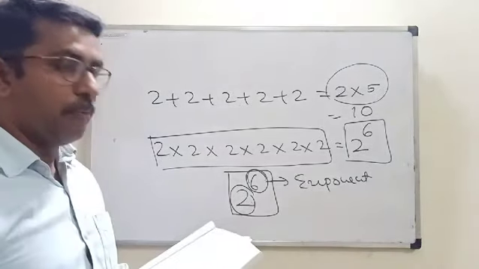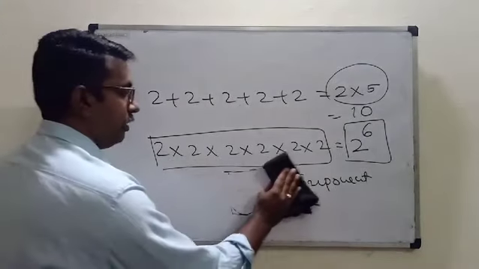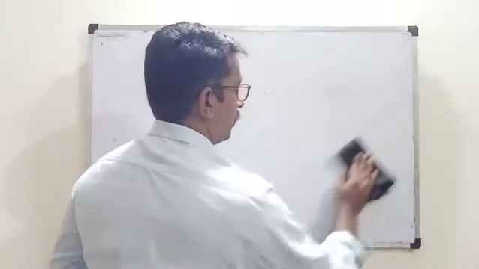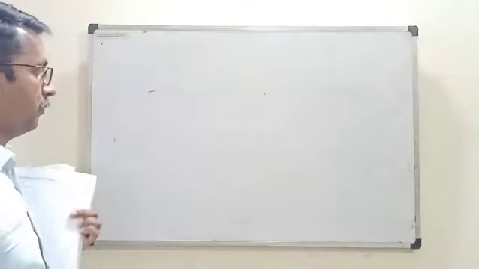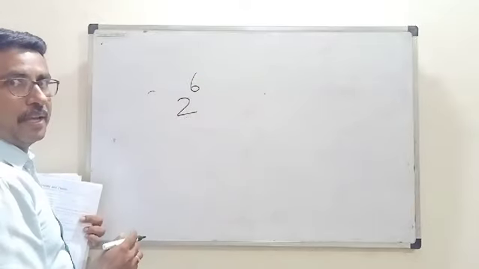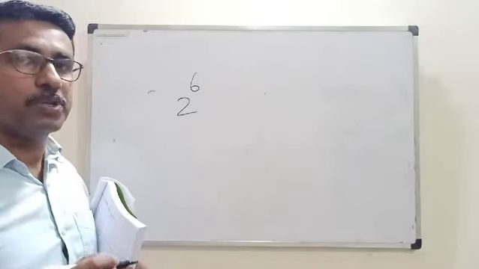Now I hope you have understood what an exponent and an exponential number are. Now see the exponential number 2 to the power 6 once again. Where should the exponent or power be written?